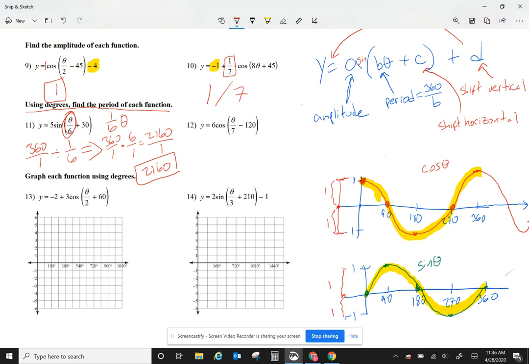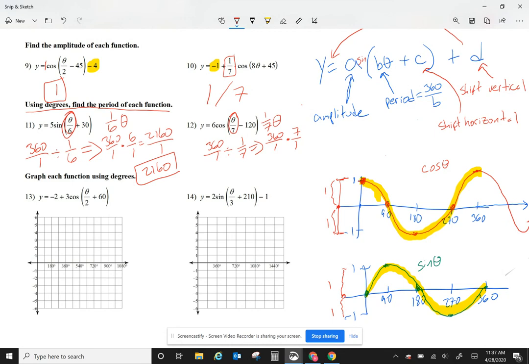Now let's take a look at number 12. I'm just looking at 1 over 7 theta. Remember, I removed theta from the fraction. 1/7 theta. And I said the period is 360 degrees divided by B. So I have 360 over 1 divided by 1 over 7, which is better known as 360 over 1 times 7 over 1.